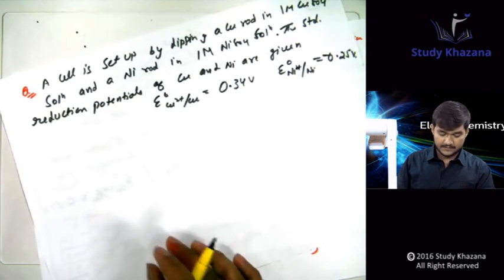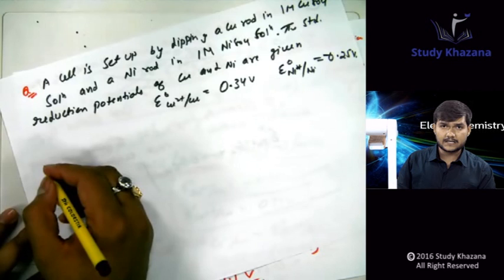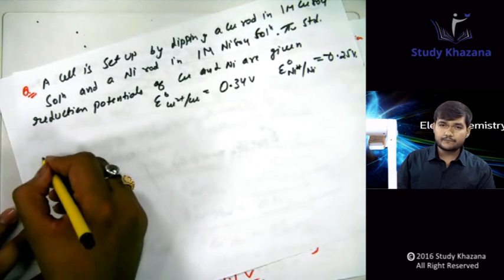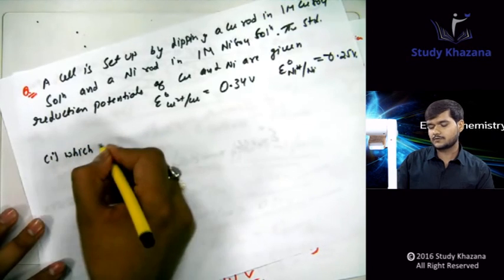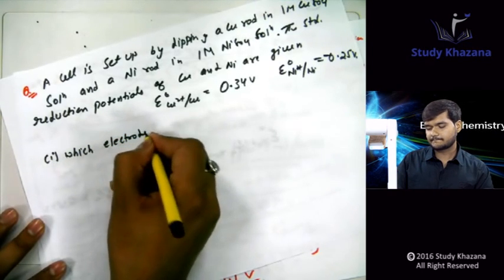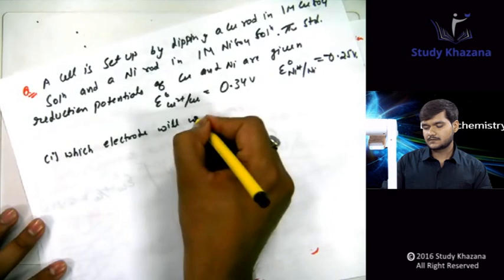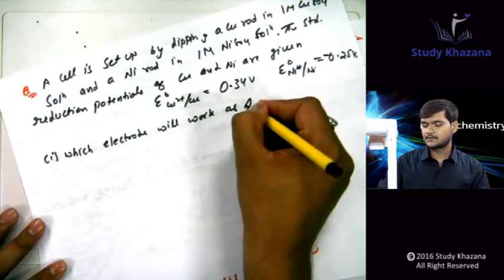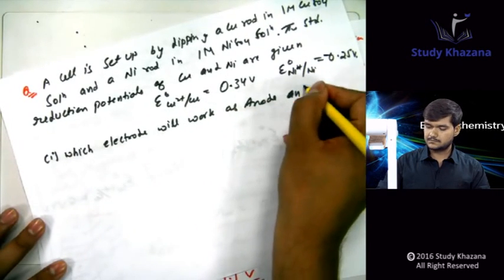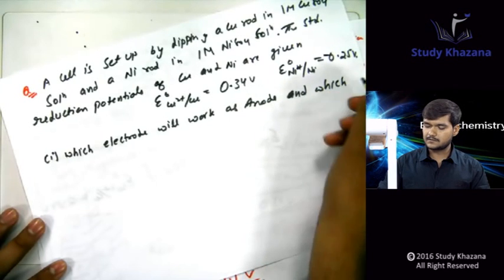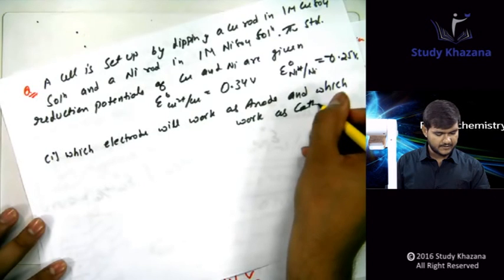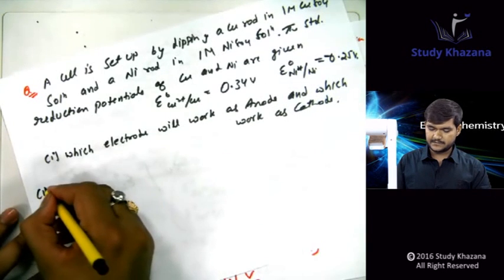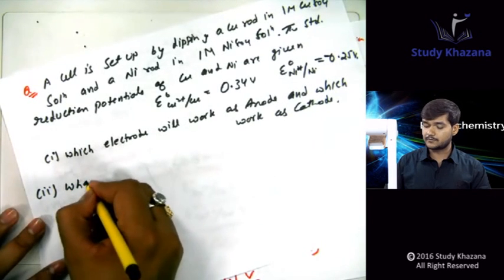Now what you have to answer: first, which electrode will work as anode and which will work as cathode. Secondly, what is the cell reaction. I have already told you all these topics.